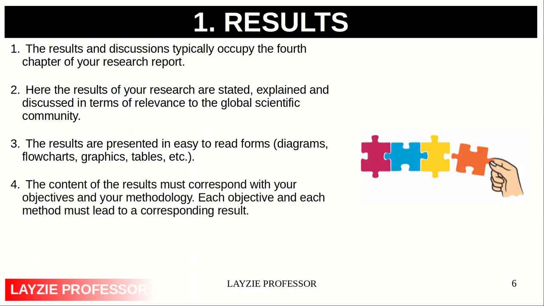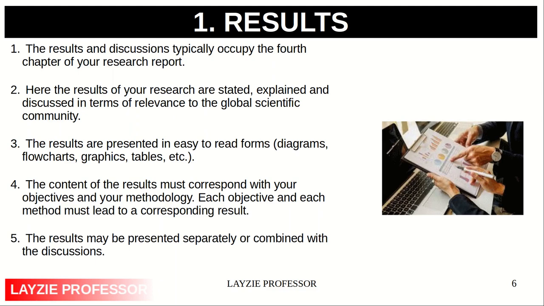And the content of the results must always correspond with the objectives and the methodology, because each objective must have a corresponding method that must help to lead to a corresponding result. So that chain link must actually exist from your objectives to methodology to your results.